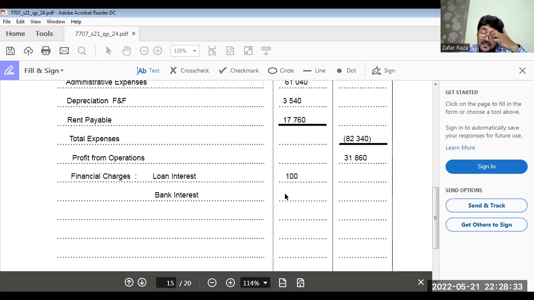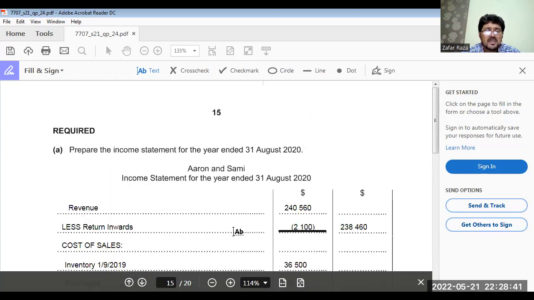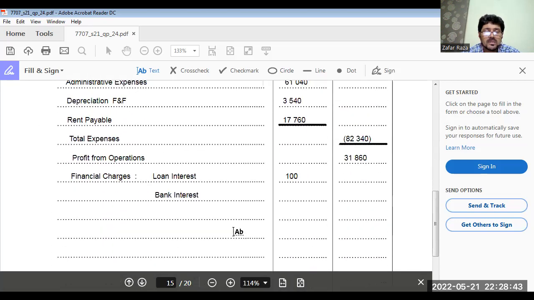We don't take the bank interest that we have paid, but the total bank interest on the loan. So I told you, in the 9,000, 10% is 900. Whatever we have paid and what is left, that's right, 10%. So that would make it 1,000 financial charges.